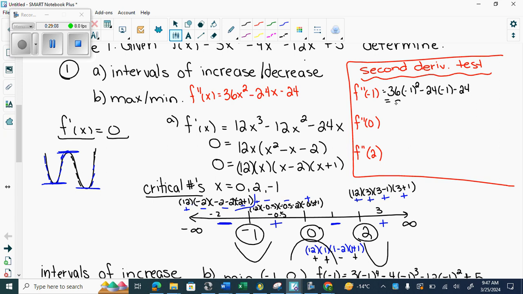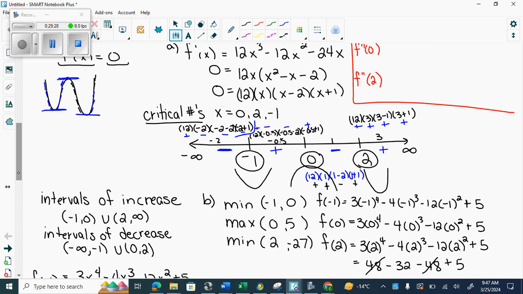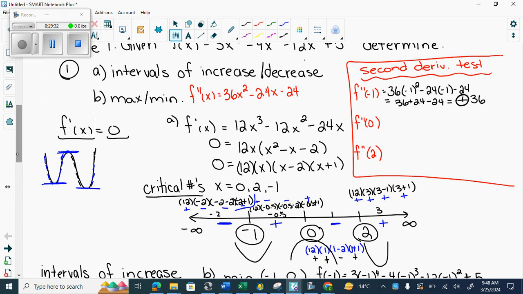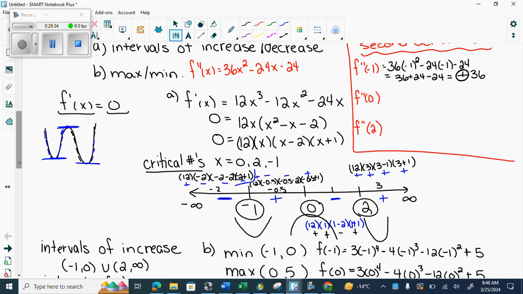So I'm going to get 36 plus 24 minus 24, which equals positive 36. This is actually more what I care about, just that positive sign. Because if I plug it in the second derivative and I get a positive, it's a minimum. So it's a minimum at -1, because this is positive.